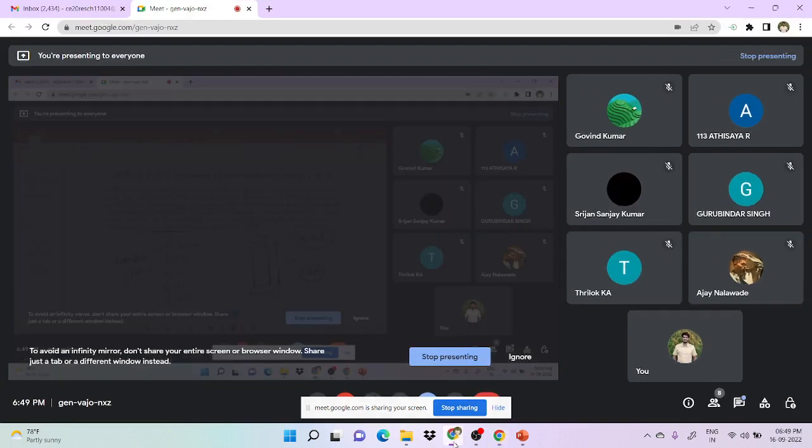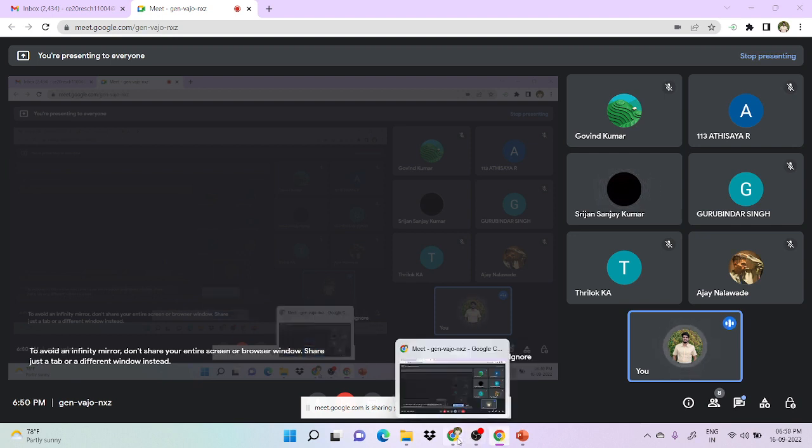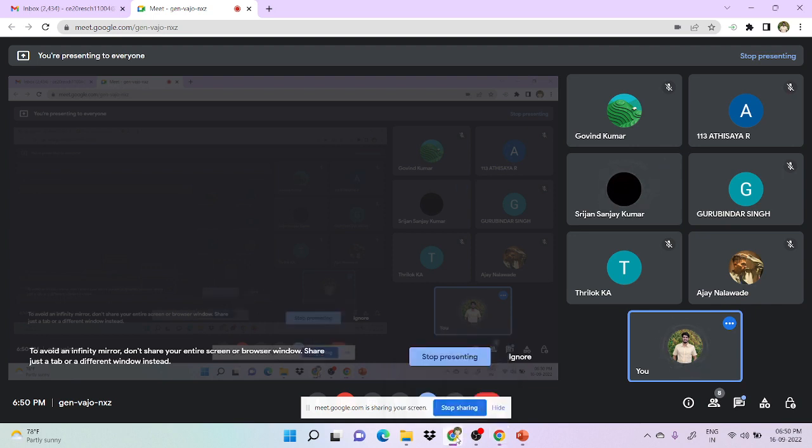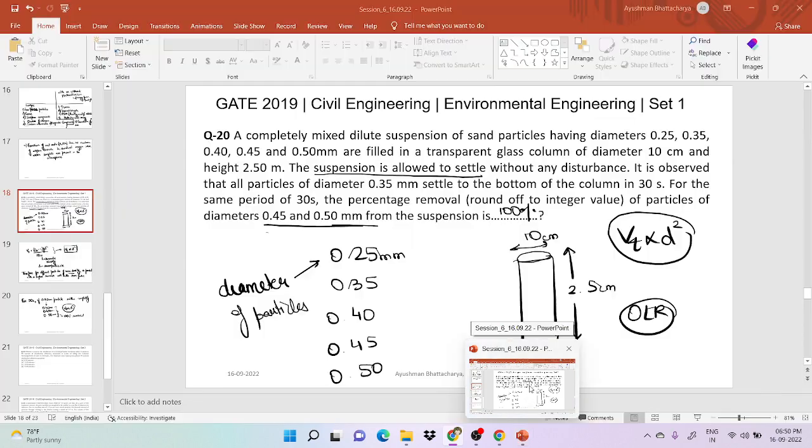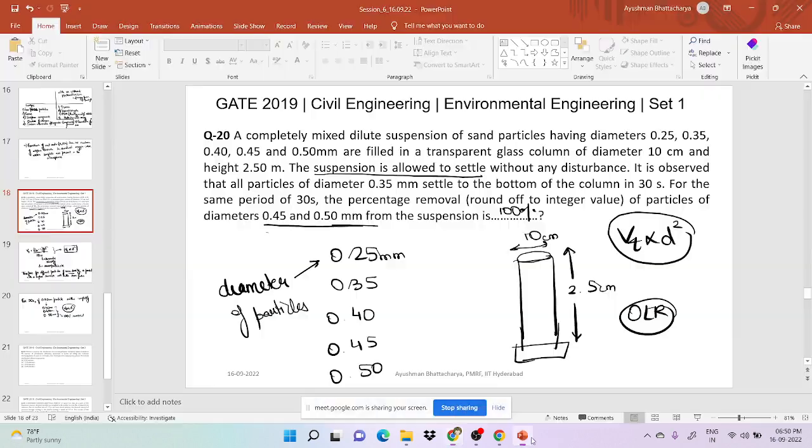So, Srijan, in the next class, I will cover organic loading rate and hydraulic loading rate. However, I have already discussed all those things while discussing the activated sludge process. So, if it is possible for you, you can go back and read those lectures. However, I will again discuss those in upcoming lectures. Right now we are focusing on different concepts, so I cannot discuss this.